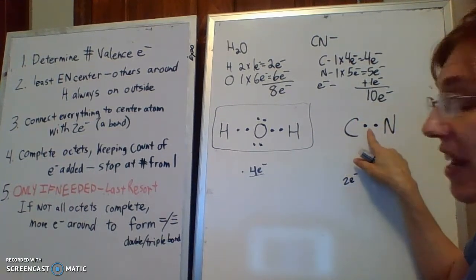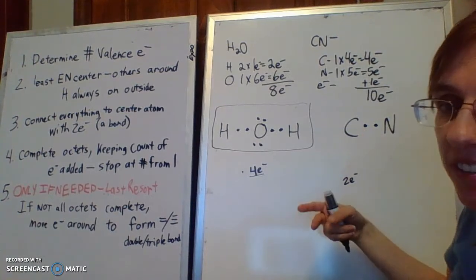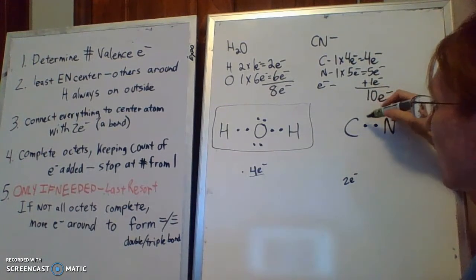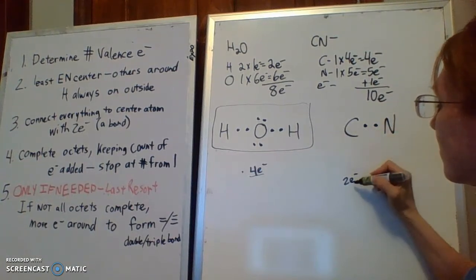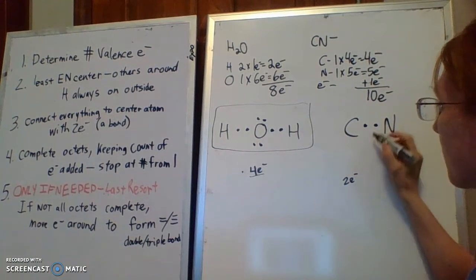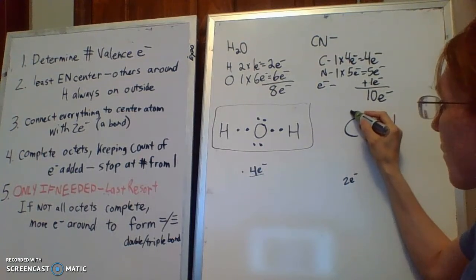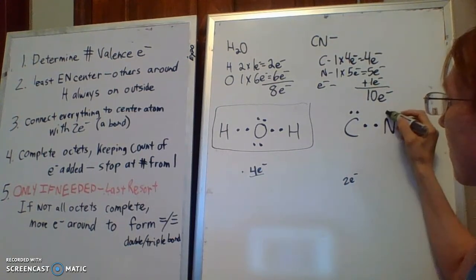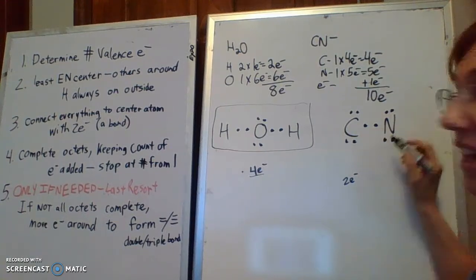Well, obviously carbon's not happy, it only has 2. Nitrogen's not happy, it only has 2. So we need to add some electrons in here. So let's go ahead and do that. We have 2 here. I'm going to try to spread them out to let them cover both of them. So we've got 2. I'm going to count up from there. 3, 4, 5, 6, 7, 8, 9, 10.